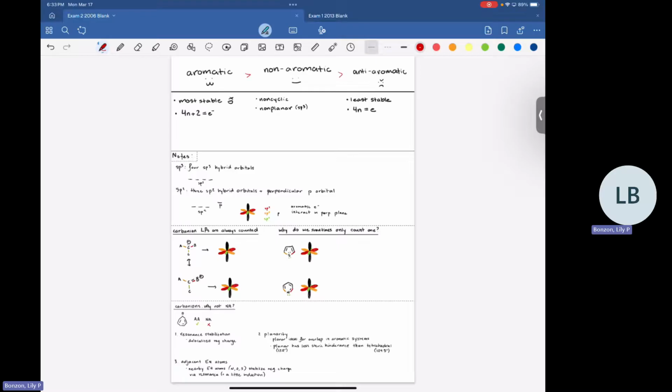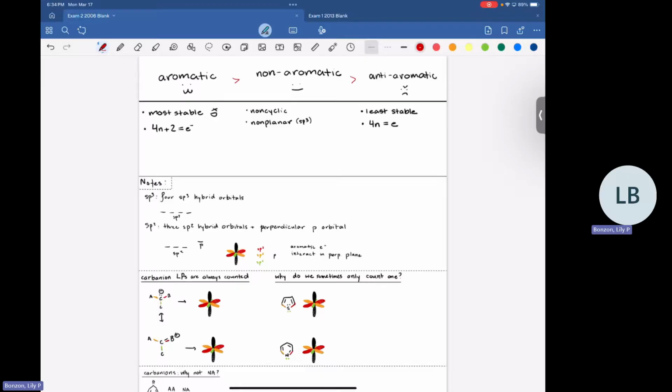Non-aromatic just means it's either not planar or non-cyclic, and it's just kind of in the middle. And then anti-aromatic is less stable. So it's kind of like a little ranking that we got here. For aromaticity questions, most of them are probably going to be 2. They could potentially be 2. And that'll depend on the resonance that you do.